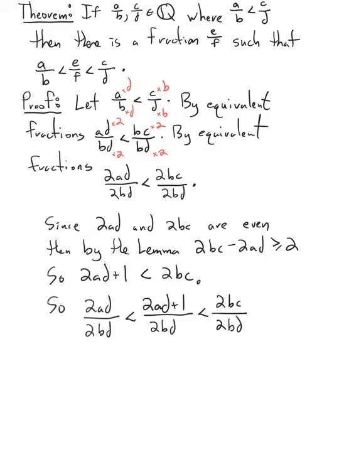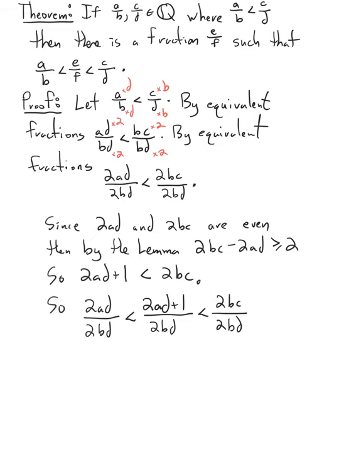They all have the same denominators. 2AD is the smallest numerator, 2BC is the largest numerator, and 2AD plus 1, well, it's definitely greater than 2AD. And because 2BC minus 2AD is greater than or equal to 2, these differ by at least 2, then if I add 1 to the smaller one, it's not as big as the larger one.